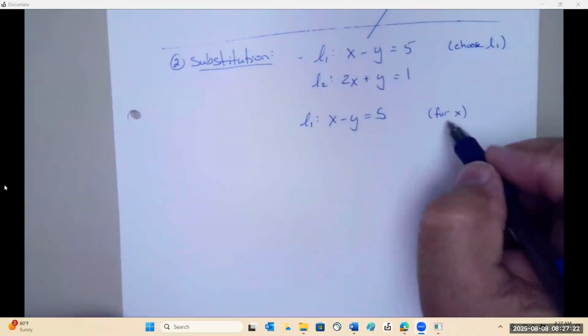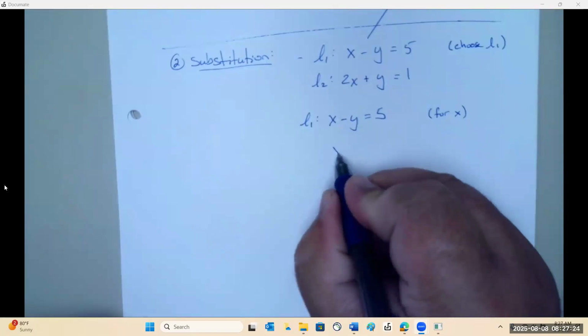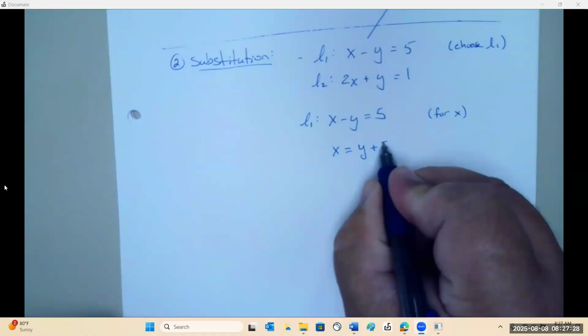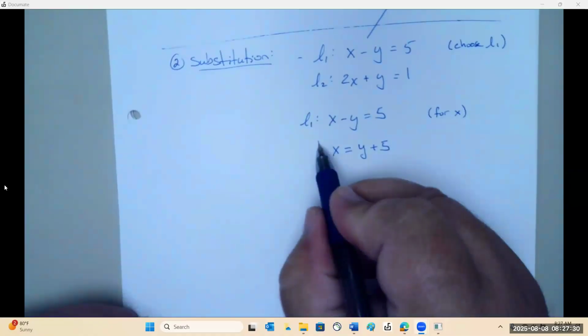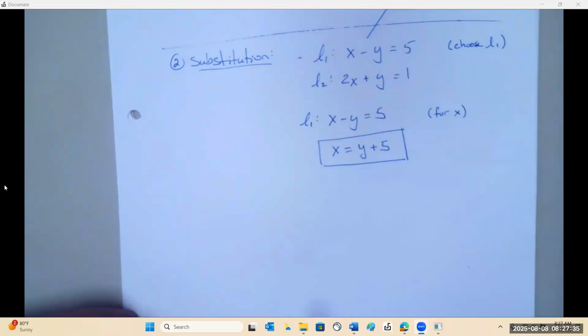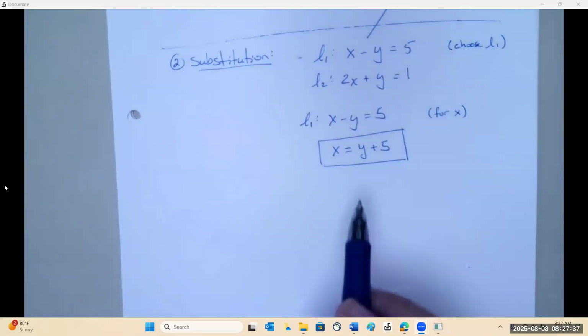So we choose line 1, solving for x. We get x equals y plus 5. This is an important equation. We'll come back to that later on to get our x value.